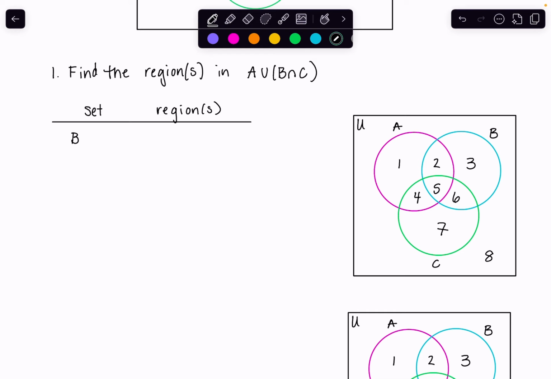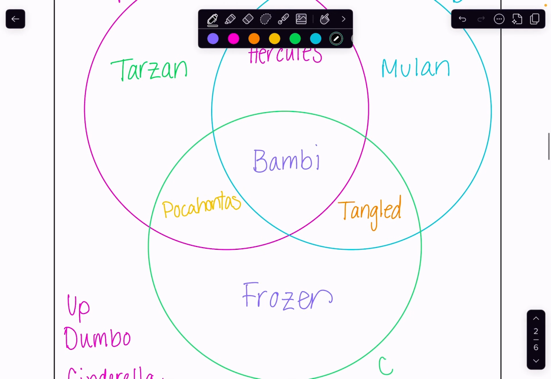So I want to figure out when I find B intersects C, which regions would I be listing the elements from? Based on my picture, B intersects C would be this overlap here, so it would be regions 5 and 6. Anything I would have listed inside that section and inside 6 would be in this set. So back up here, B intersects C would be Bambi and Tangled.